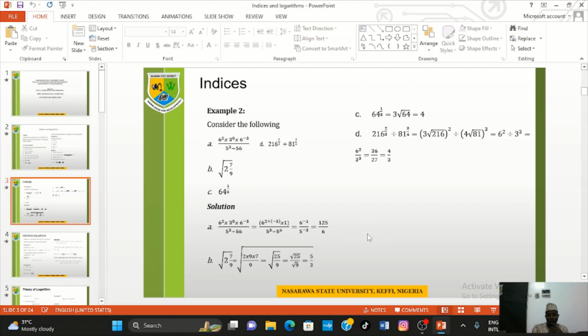You interchange the position of the second fraction: the numerator will become the denominator and the denominator will become what? Numerator. So numerator multiplied by numerator, over denominator multiplied by denominator, and we have this particular result, 125 all over 6.